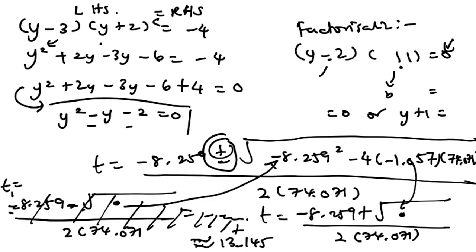With an application question, you have to specify that the first t can't be used as an answer because it gives you a negative value of time. You have to write down the justification, then use the second t, in which you use the plus sign. I hope this is very clear.